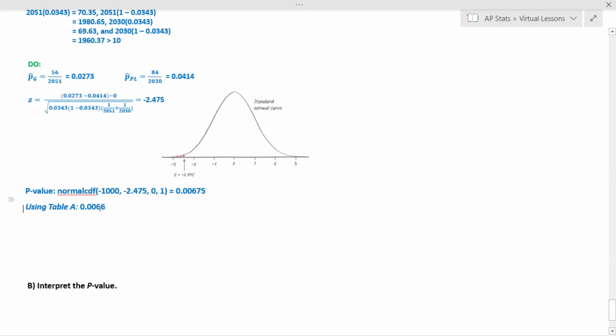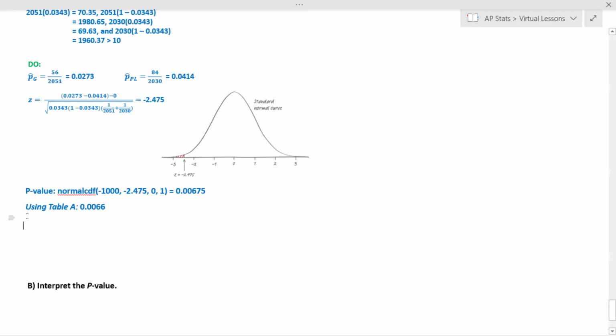And again, here we don't have to multiply that by 2 because it's not a two-tailed test, it's just one-sided. So from that, we get a p-value of 0.00675.